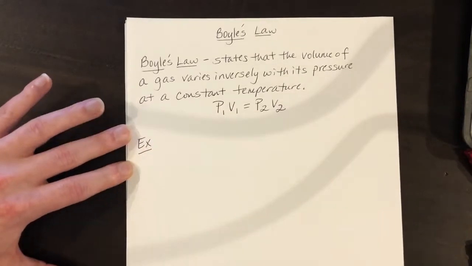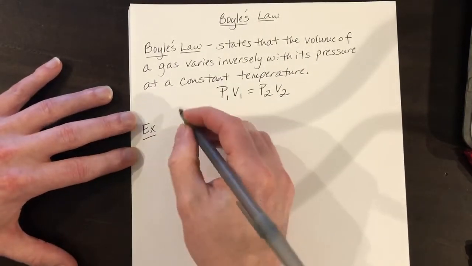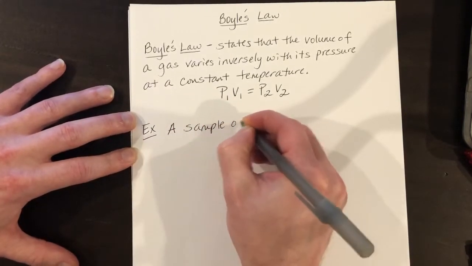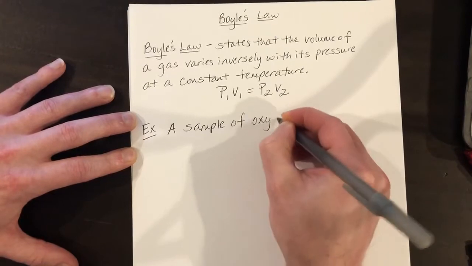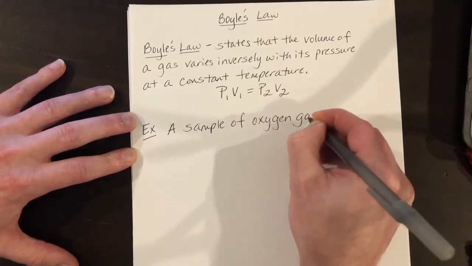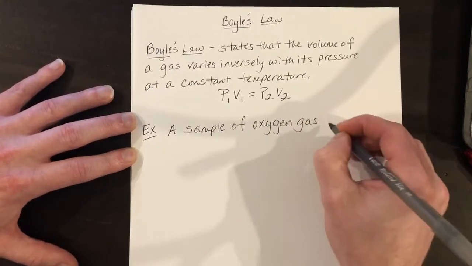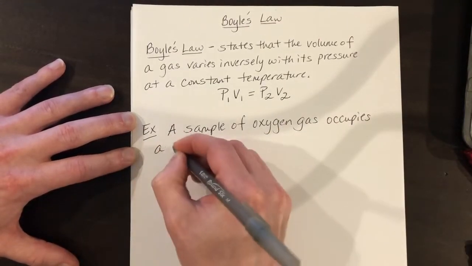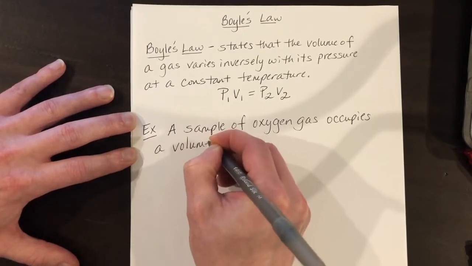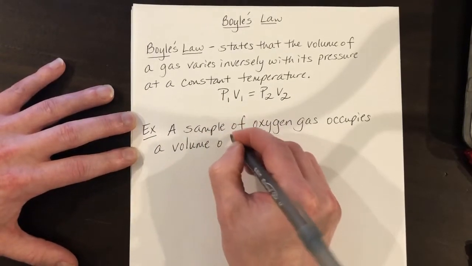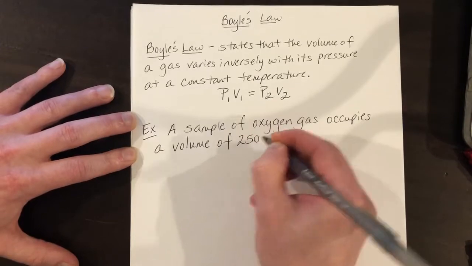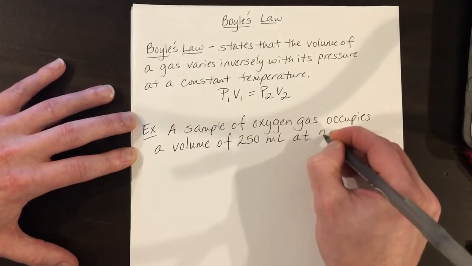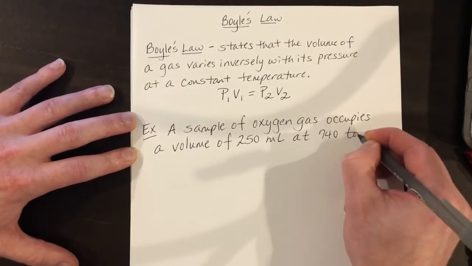So our first example problem. A sample of oxygen gas occupies a volume of 250 milliliters at 740 torrs of pressure.